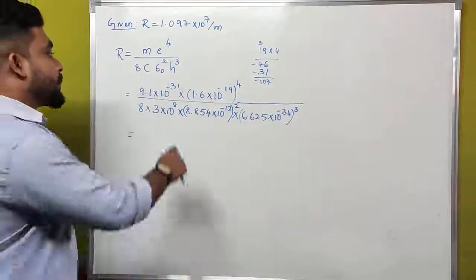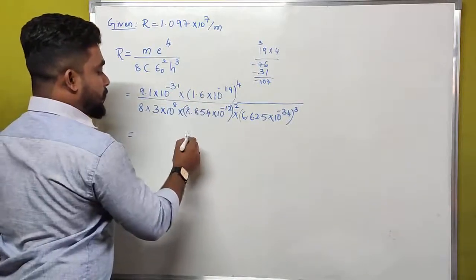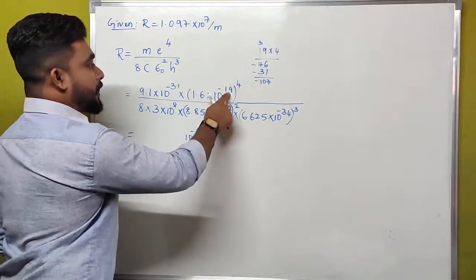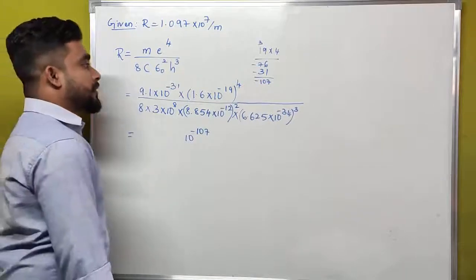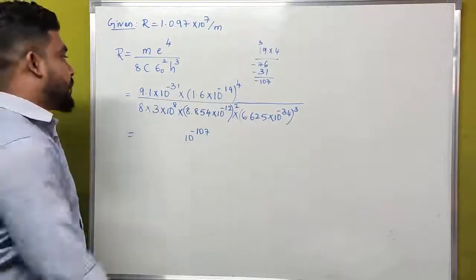The power of the numerator is 10 to the power of minus 107, because here we have 19 to the power of 4. 19 into 4 is equal to 76, and 76 minus 31 is equal to 107.